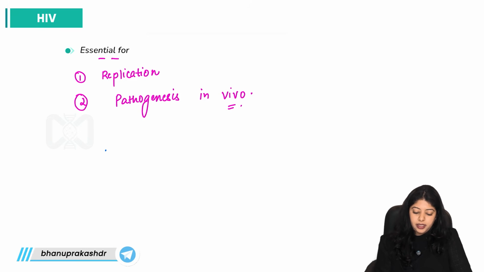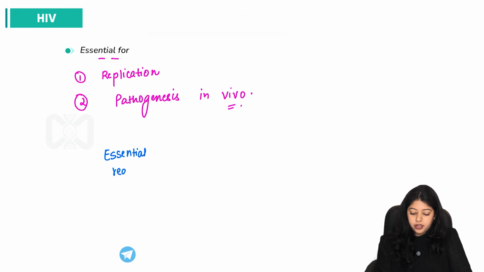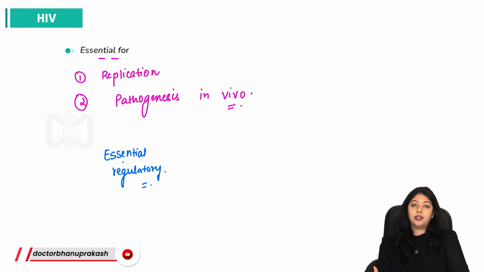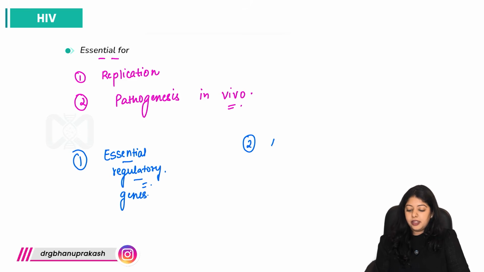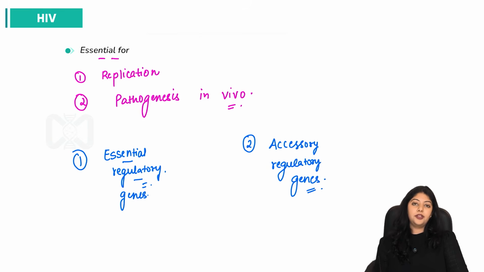One is essential regulatory genes, meaning they regulate replication and their role in pathogenesis. The other category is accessory regulatory genes.